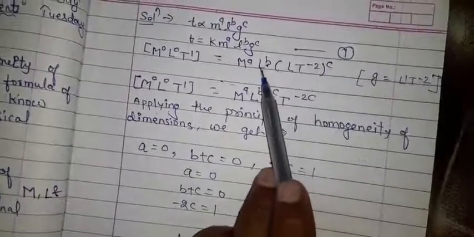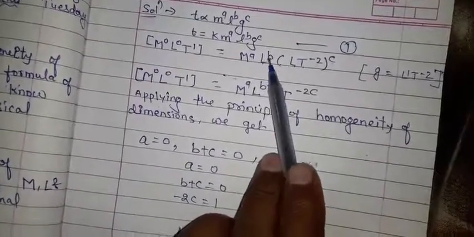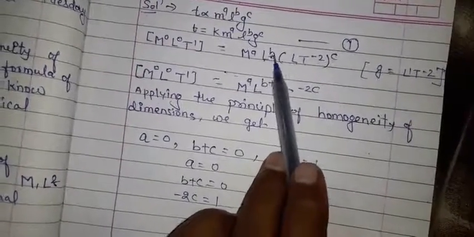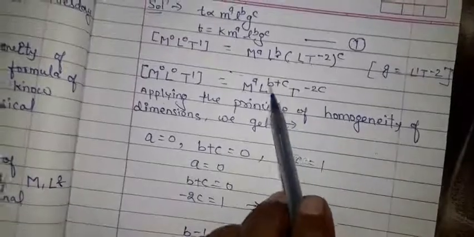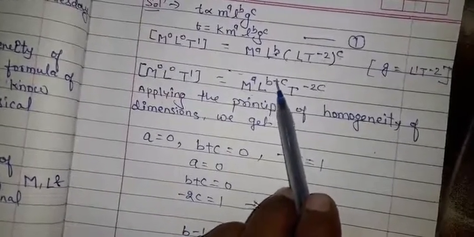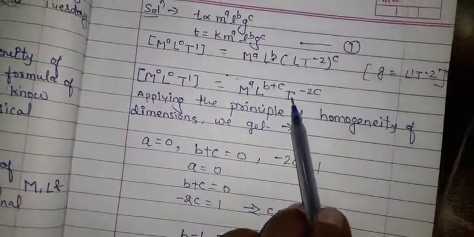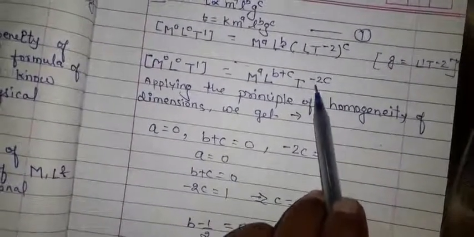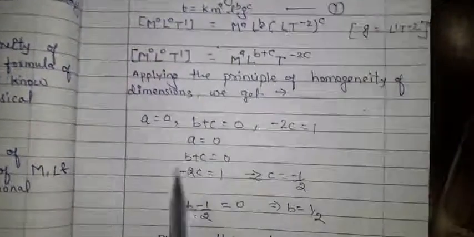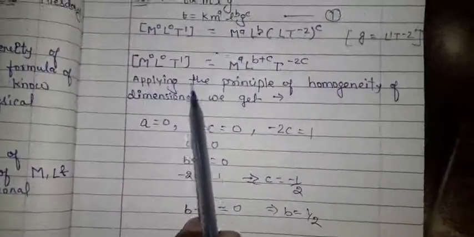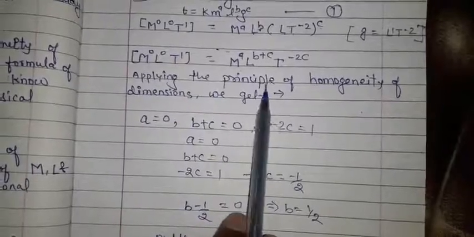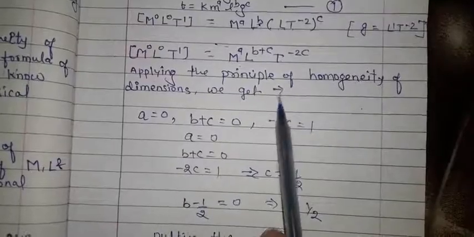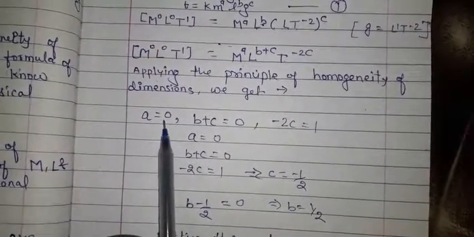So if L has the power b and L power c, the base is same and the powers will add, so L to the power b plus c, and T, this is T, and if we multiply this 2 into c, that is 2c. Okay, applying the principle of homogeneity of dimensions, we get a equal to 0.